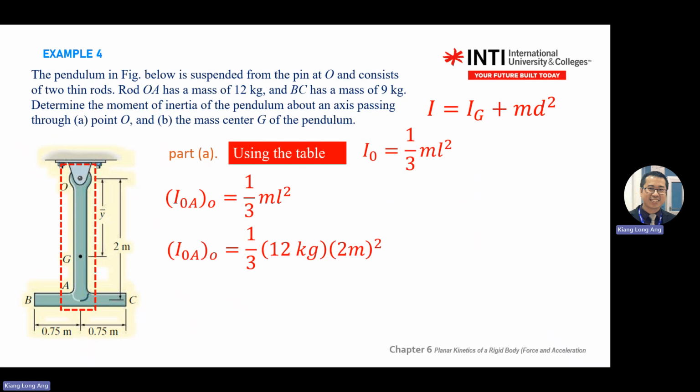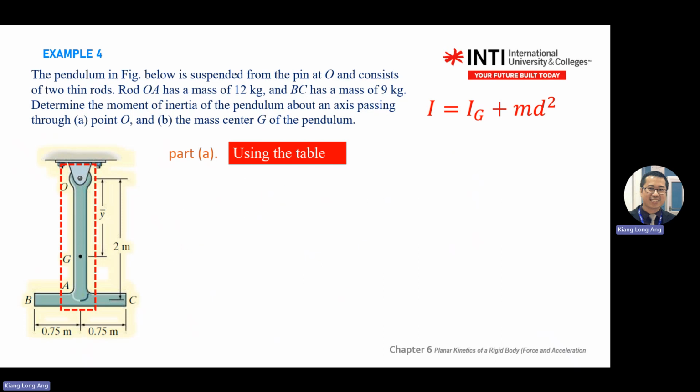So your OA component from this point, you just substitute with D equals 0. But don't forget there's one more part here.